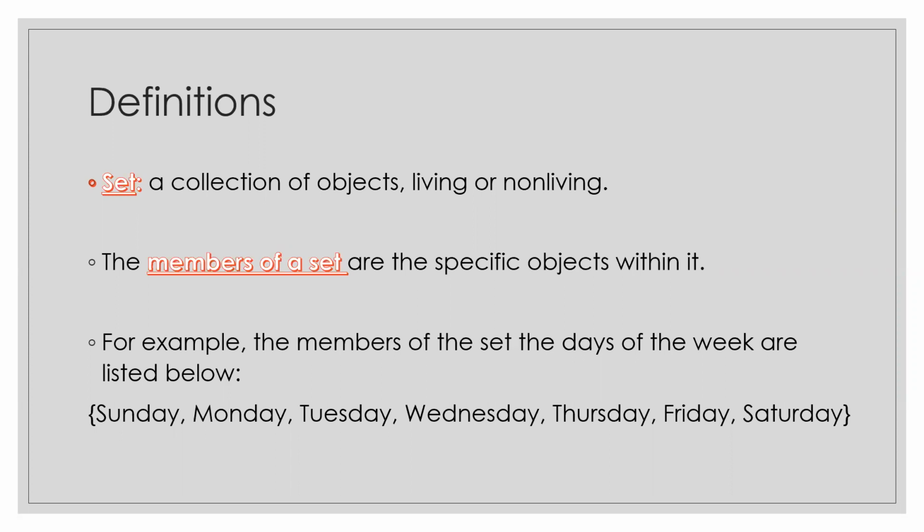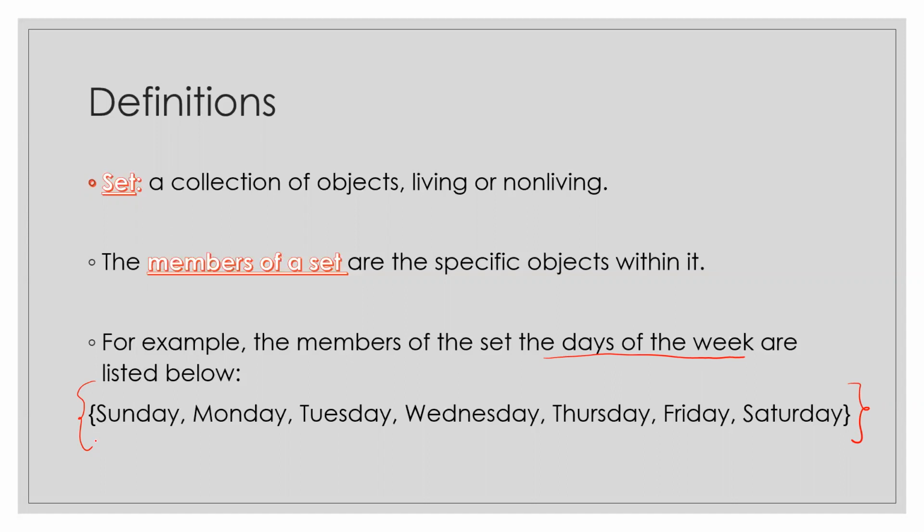For example, the members of the set of days of the week are listed below: Sunday, Monday, Tuesday, Wednesday, Thursday, Friday, and Saturday. Those are the members of the set, and this set is called the set of days of the week. We usually use this bracket right here to denote a set.